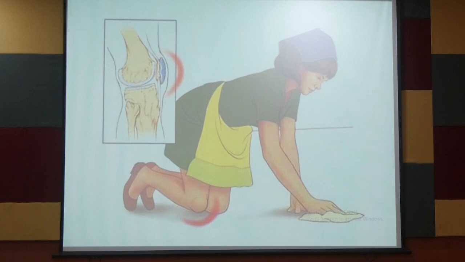So there is a swelling of the prepatellar bursa. We call it prepatellar bursitis, or in common words, housemaid's knee. There is an inflammation of the subcutaneous prepatellar bursa known as housemaid's knee.